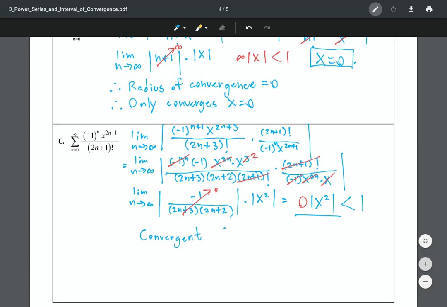Here's a convergent interval if you want to write it like this. And then the radius will also be infinity. So it's infinite. Hopefully that makes sense to you.